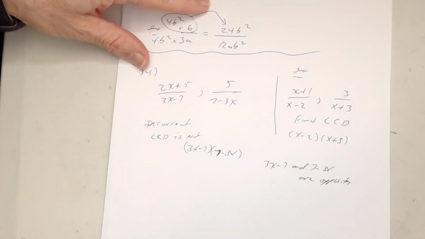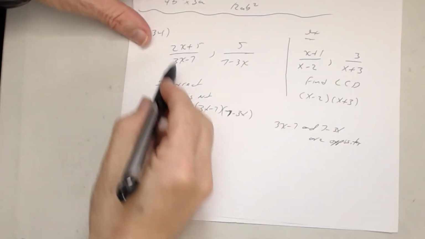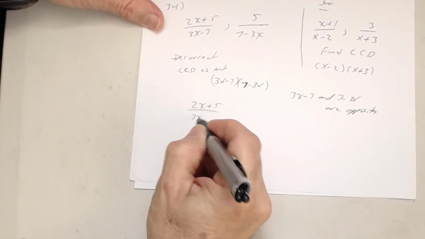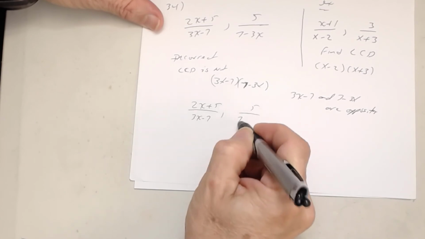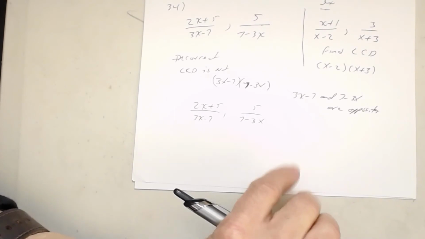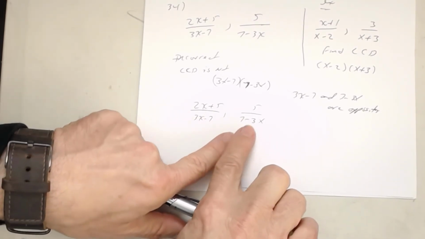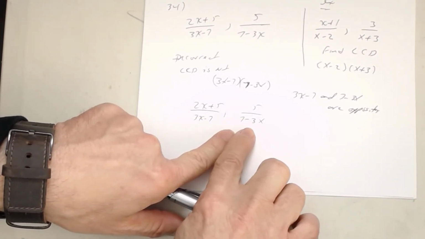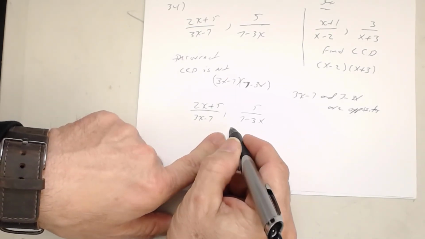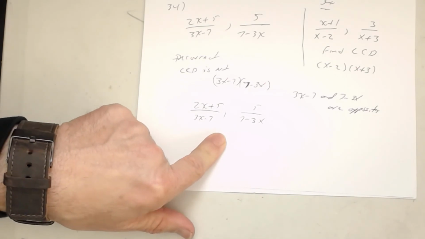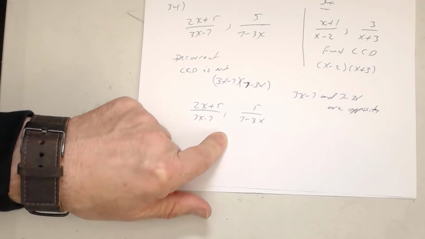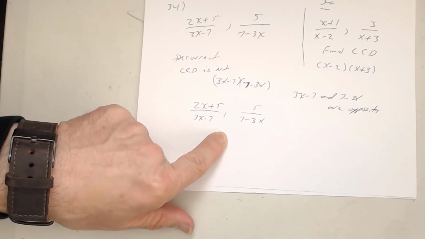So since they're opposites, here's what you have to do. I'm going to rewrite this over. It doesn't matter which one. But whichever one you pick, I'm going to go ahead and pick this one here. Whichever one you pick, you're going to rewrite this by factoring out a -1. Remember when we first started about factoring in chapter 6? One set of problems says factor out a -1.